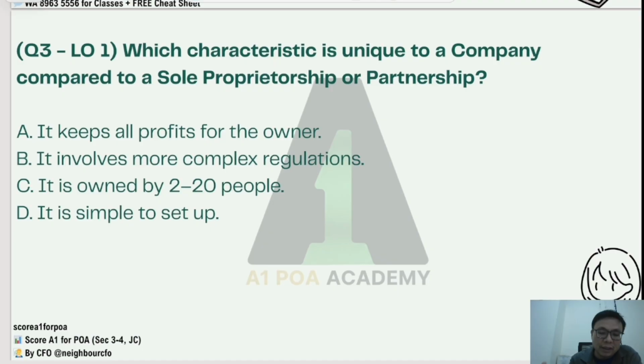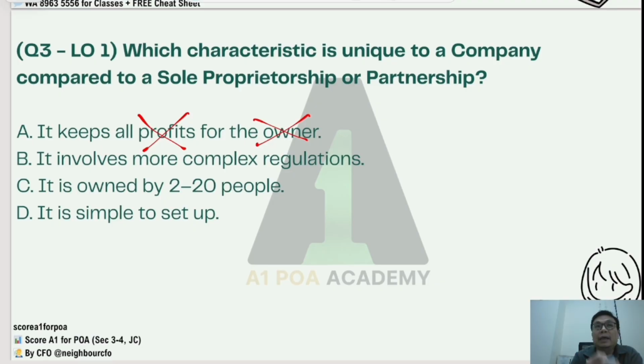Partnership, you have a few partners coming together. Every partner, based on the agreement, gets a proportion of the profit split by percentage. Yes, that one we can understand, right? So A in this instance seems to be the wrong option. B, it involves more complex regulations as far as the company is concerned, right?